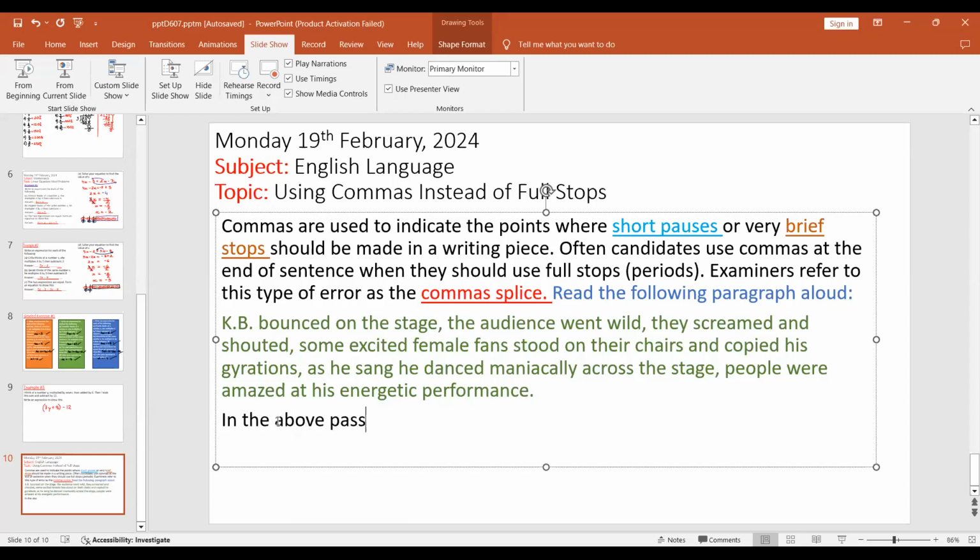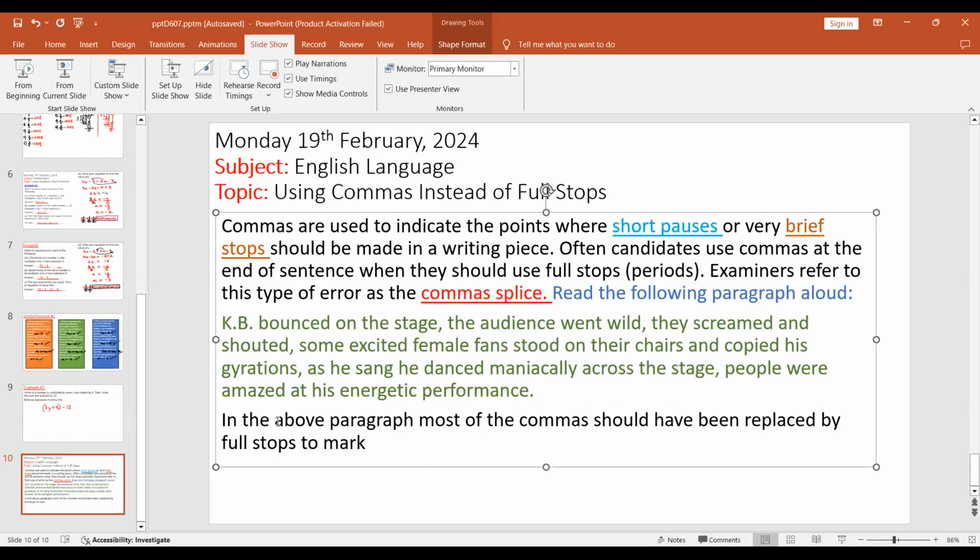So in the above passage, or paragraph, most of the commas should have been replaced by full stops or periods to mark where one sentence ends and another sentence begins.